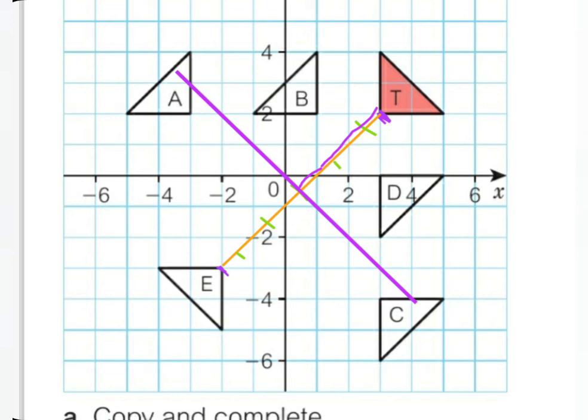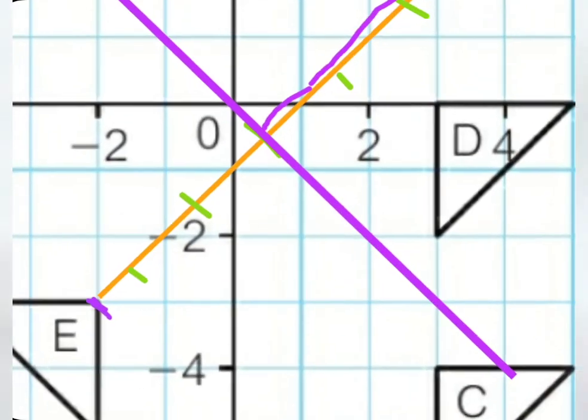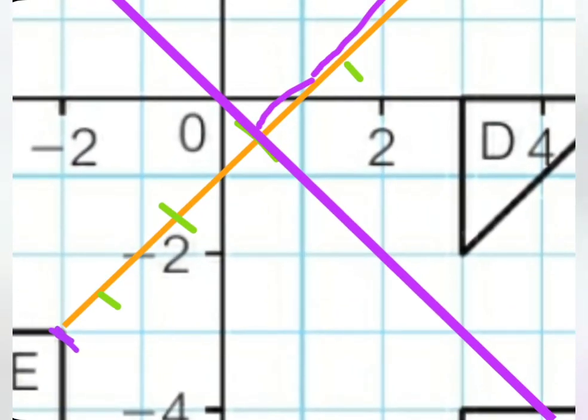I know it's not that easy, but if you focus, you'll understand it. Now, to describe this line, it's very important to understand this. To describe the line, we can take 2 points on the line. First, for example, let's take this point. This point's coordinates are what? Very good. 1, 1.